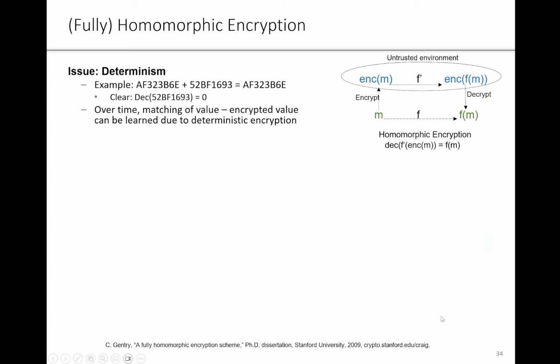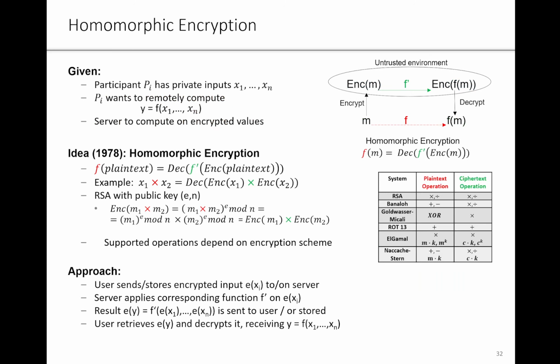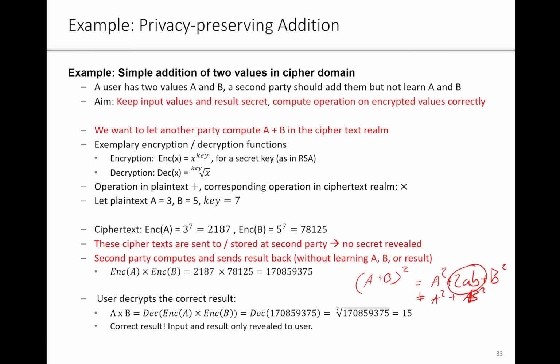Okay, what problem do we see? How can you learn something about computation? So you did not learn anything about A and B. The computation, this was visible to the computing party, this was visible to the computing party, this was visible to the computing party.